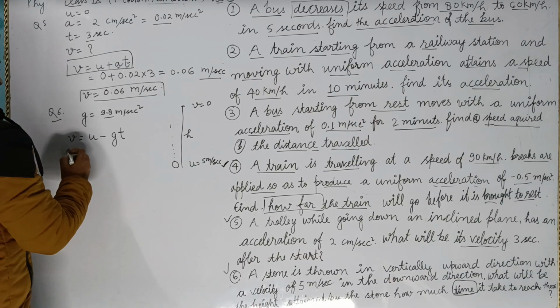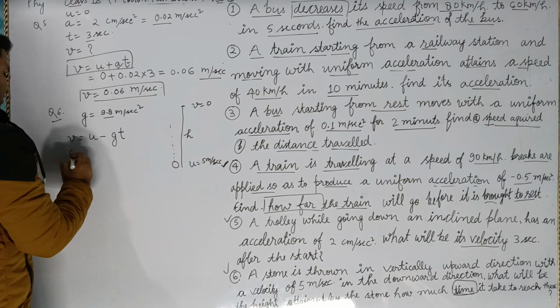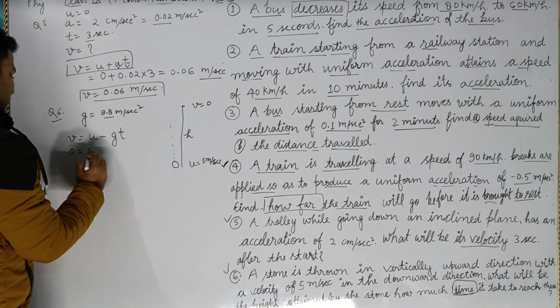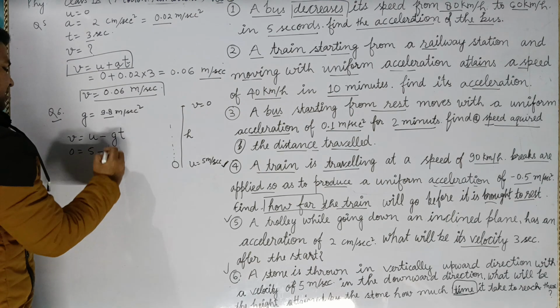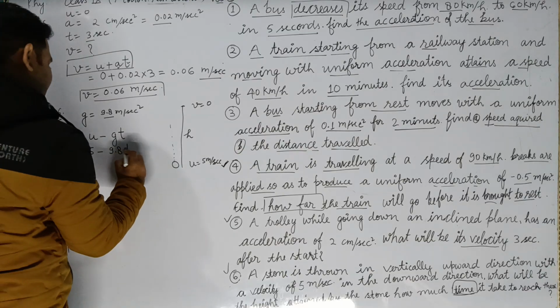In the place of acceleration a, we took g. Putting in the given values, v is 0 and u is 5 meter per second, minus g is 9.8, and t we have to find.